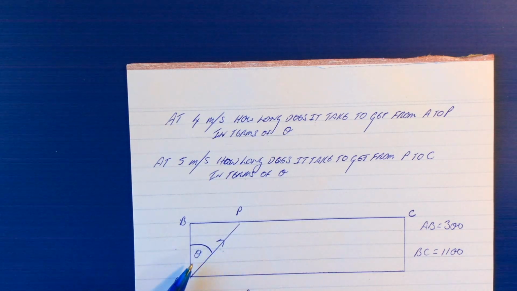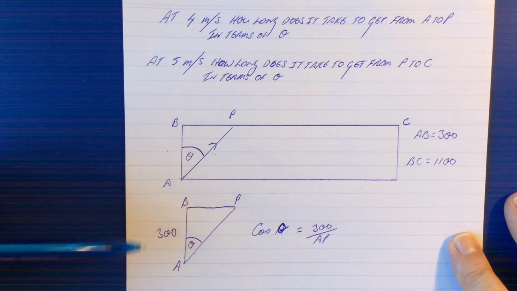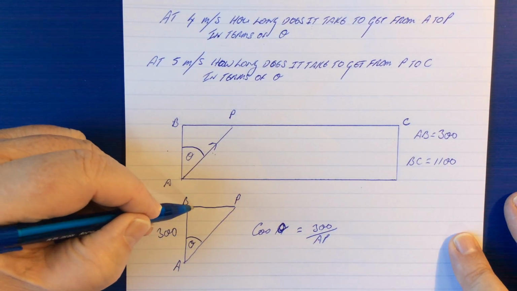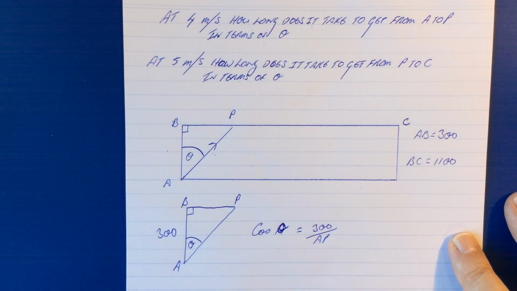Well, we'd have an angle here. We know this length, so we're in cosine territory. And I've set this up here. I've extracted the triangle. We're going to assume that this is all right angle territory.